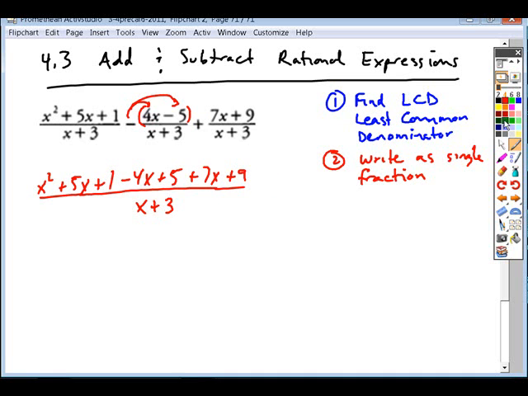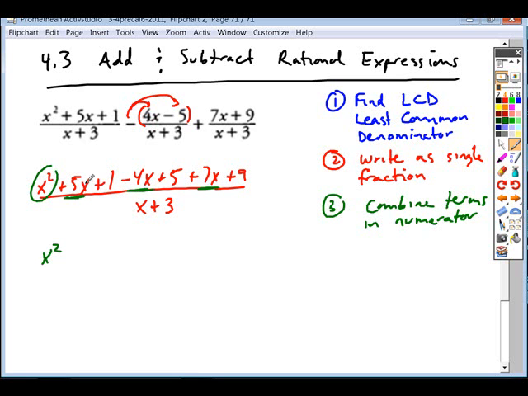So your final step for these here would be to combine the terms in your numerator. When you combine your terms, we only have one second degree term. We have 3 first degree terms.